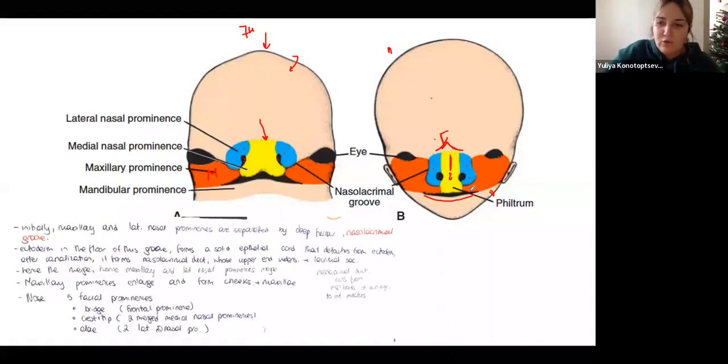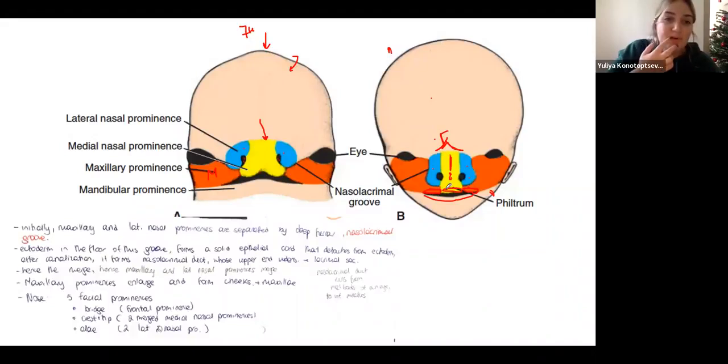So now we're going to talk about the upper lip, right? So how did we make the upper lip? The corners of the upper lip are made by the maxillary prominences. You can clearly see it here, right? But the center of your upper lip is made by the medial nasal prominence, this one.